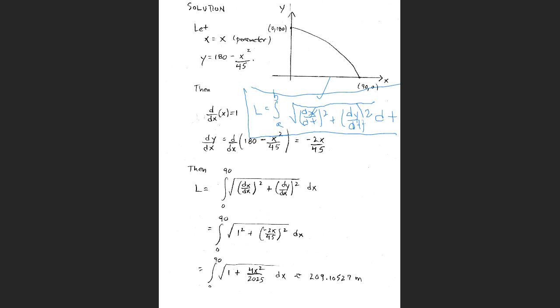But in this case, I have my arc here, and y is a function of x. So if I just let x itself be the parameter, then the arc length formula becomes this formula here.